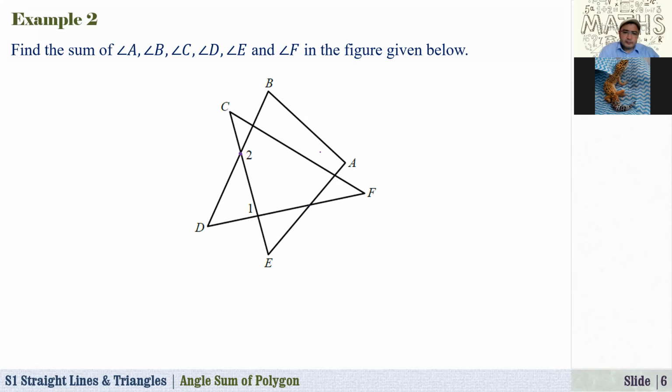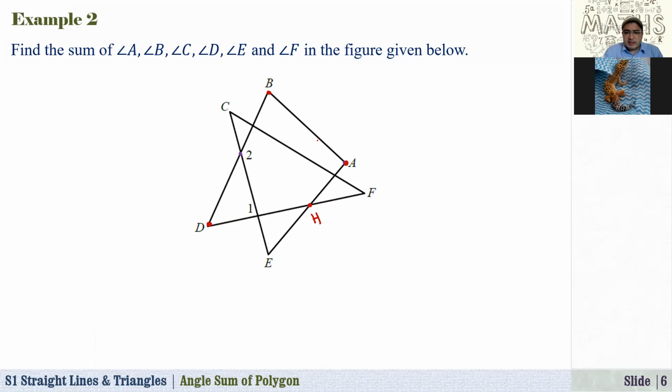Let me also label this vertex A, vertex B, and this straight line D. We don't have H, so let's just call it H and A. So how many sides? AB is 1, BD is 2, DH is 3, and HA is 4.